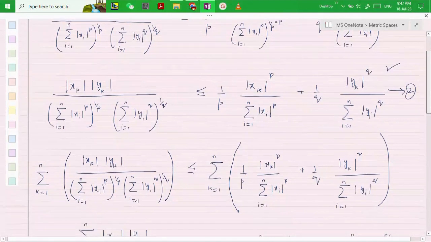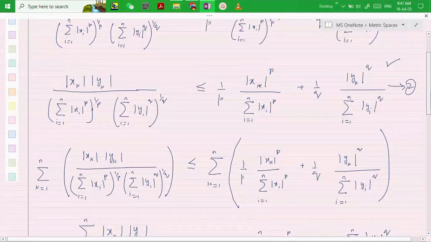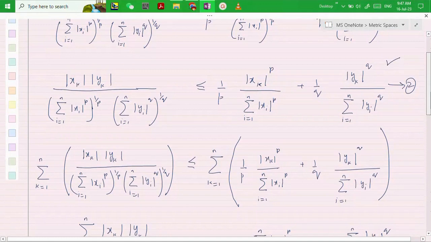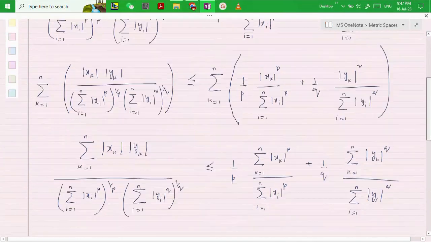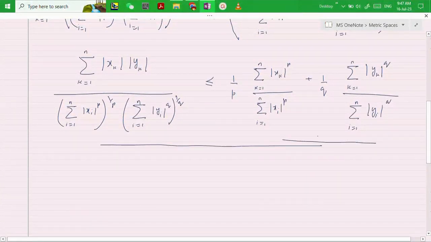Again I will repeat it. We have equation number 2 for k equals 1 to n, so we sum all the n number of inequalities by adding the left hand sides and right hand sides of equation number 2, and we get this result.